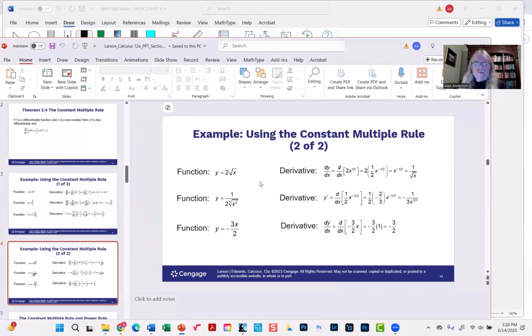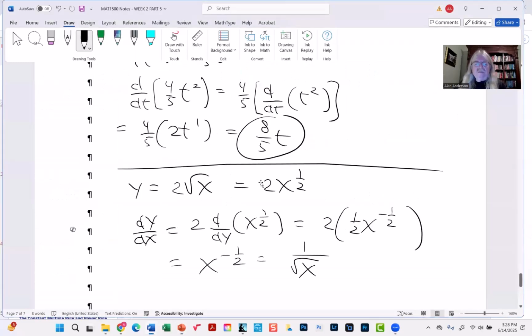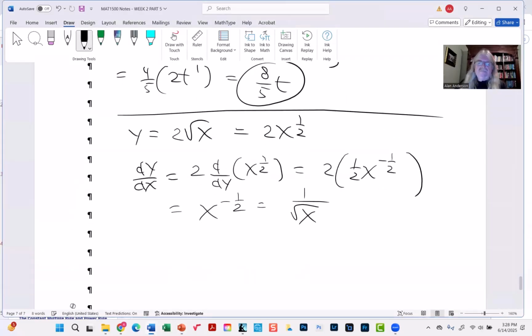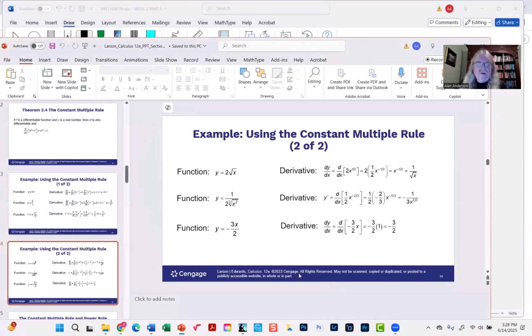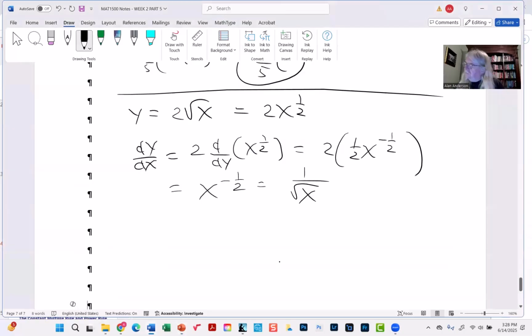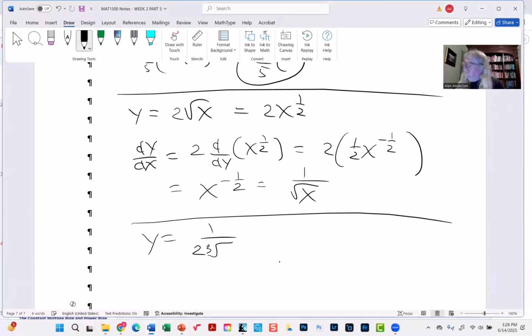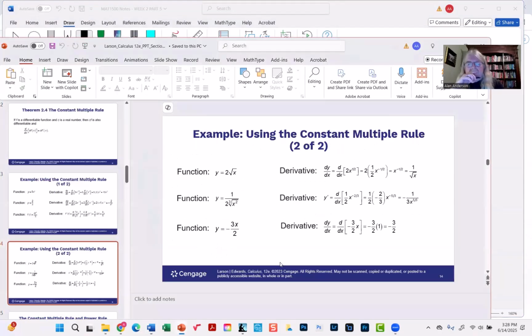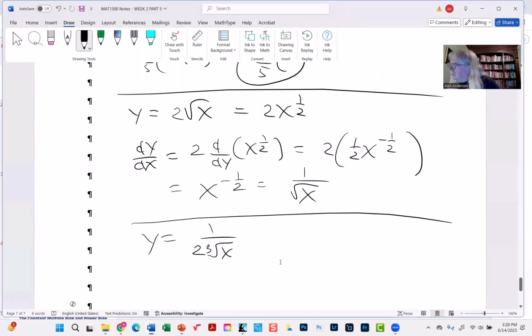Now, this one is interesting. We have to keep an eye on the ones that look like this. We're looking at 1 over 2. So here's what we have to recognize.